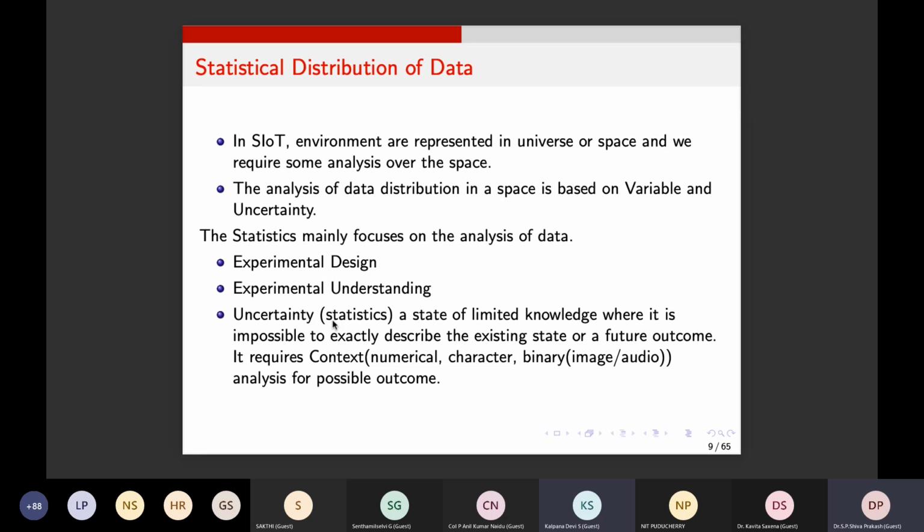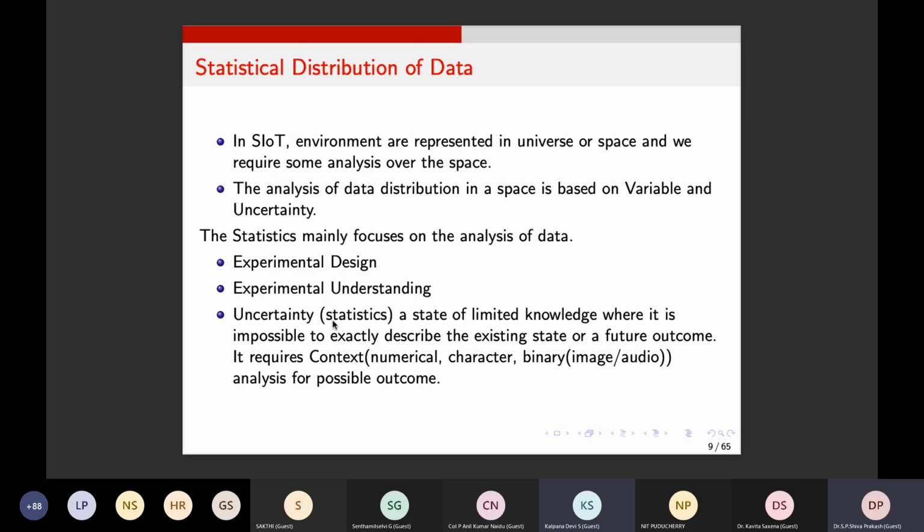This analysis is based on variables and uncertainty. We don't know exactly what data will be generated by a specific sensor. We have a set range. For example, temperature could range from something like 25 to 40 degrees, or whatever range has been assigned to that.